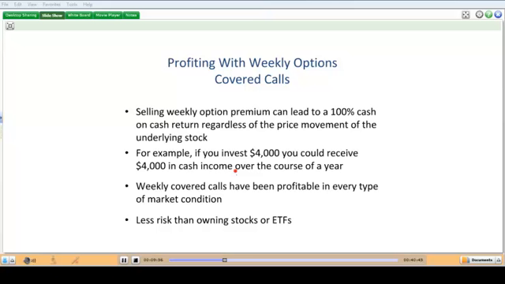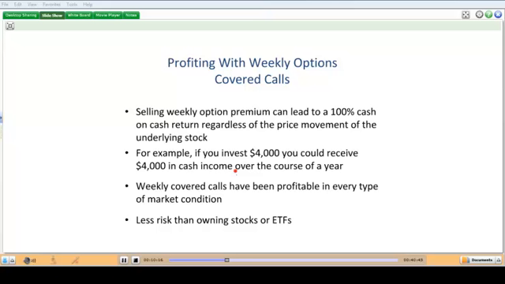Now, of course, whenever you have a covered call, there always is a chance that it will be called out, which is fine. Then it gets called, and then you just buy the stock again and sell another weekly option on Friday. But generally, I'm able to close out my weekly option on Friday, the one that's expiring, and then sell another option.